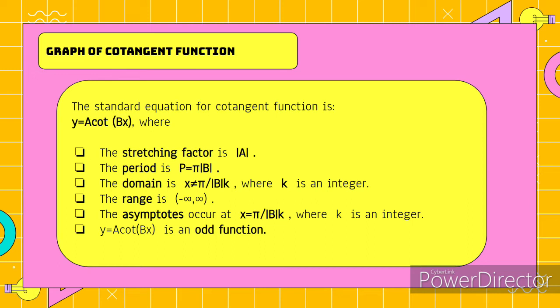The range is negative infinity to infinity. The asymptotes occur at x is equal to pi over the absolute value of b times k, where k is an integer. Y is equal to a cotangent bx is an odd function.